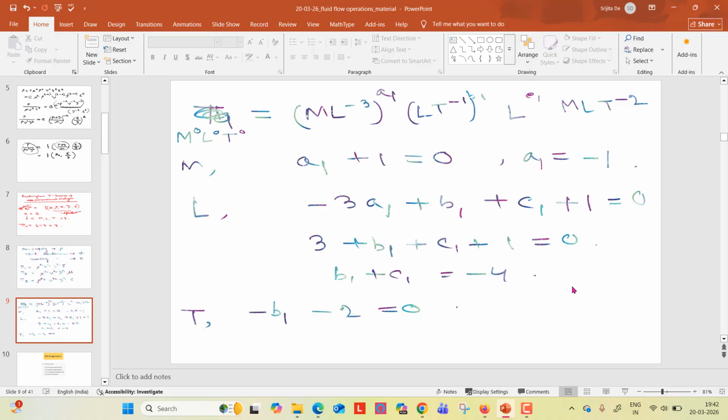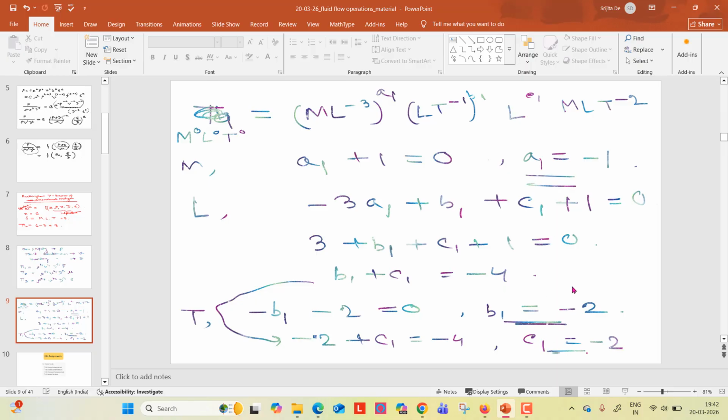So now b1 also has a value. So b1 will be -2, right? Now if you put this -2 here, it will be -2 plus c1 equals to -4. So c1 will be -4 plus 2, that is -2. So this is the value of a1, this is the value of b1, and this is the value of c1, right?